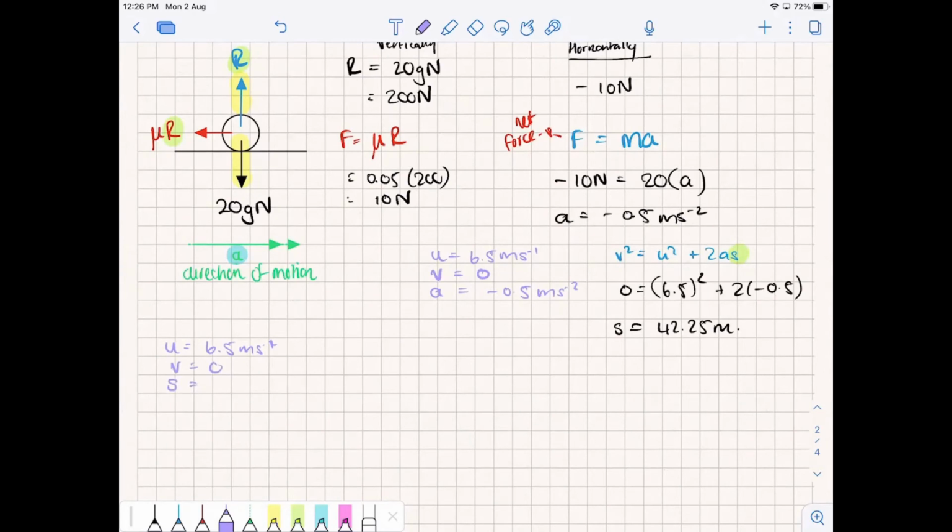We want it to be the full 46 meters in order to reach the center of the target. So this time we actually want to calculate what the acceleration would be. What acceleration do we need in order for this object to travel 46 meters? And we'll use exactly the same formula as before.